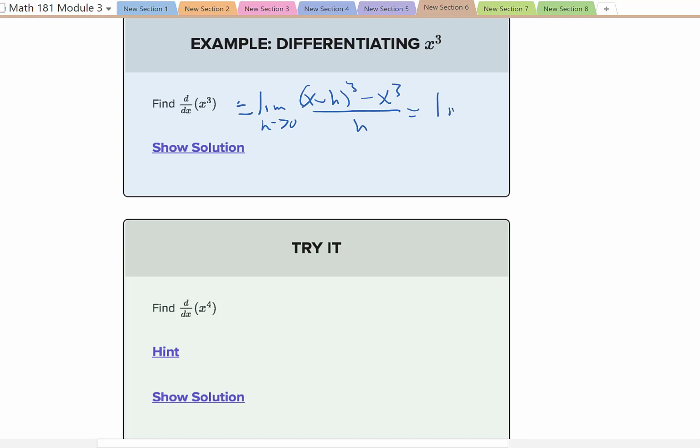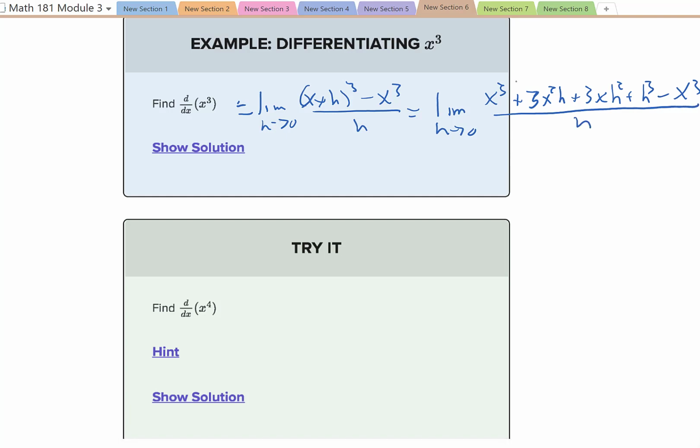So we have the limit as h goes to 0 of x cubed. This is, it's x plus h. I keep doing the minus lately. Plus 3x squared h plus 3xh squared plus h cubed minus x cubed all over h. And you see these x cubes are going to go away, as we have seen countless times.